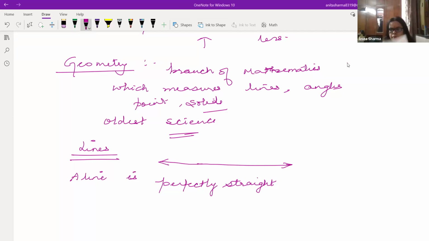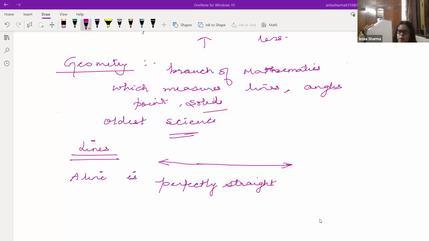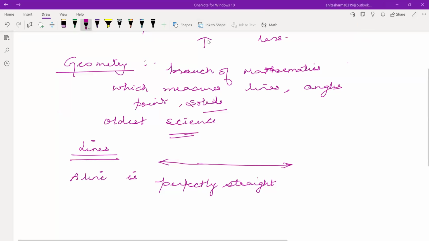Now see, can you see me? Can you see this paper which I am holding?